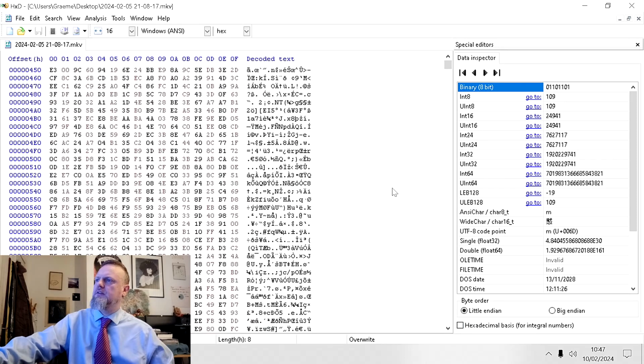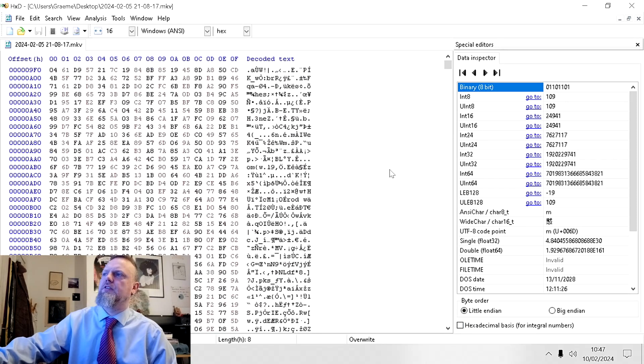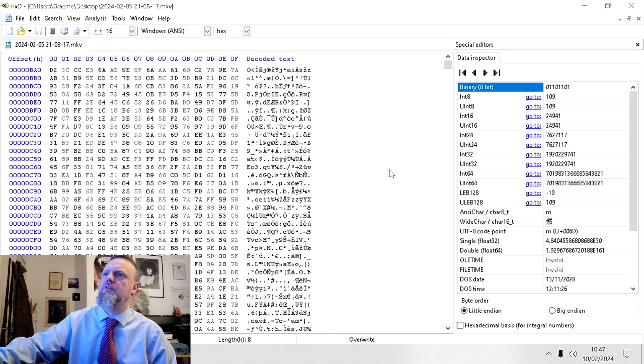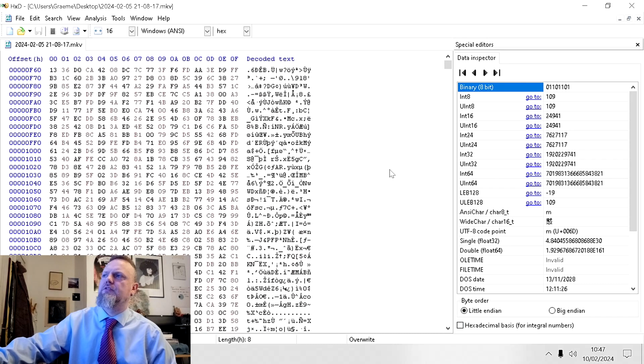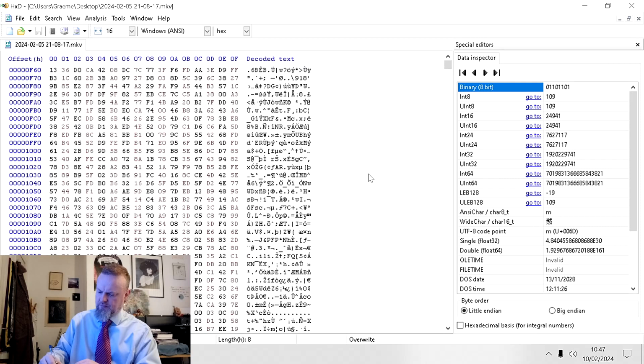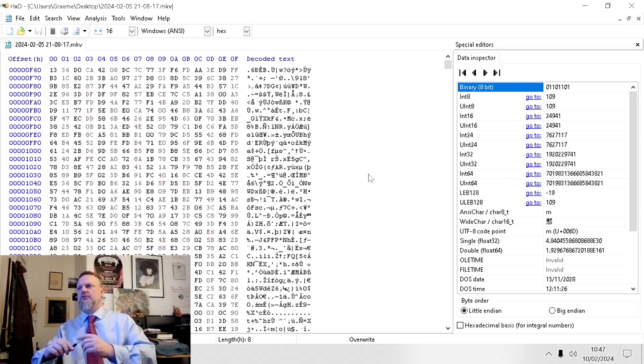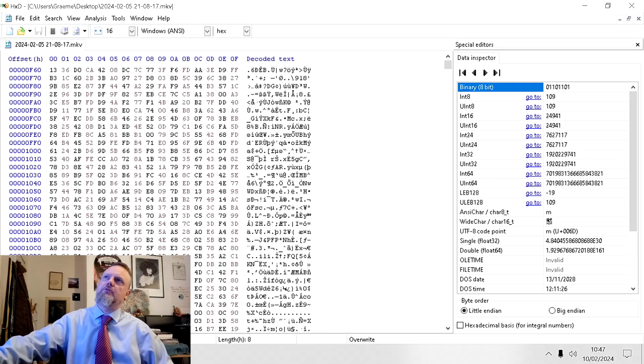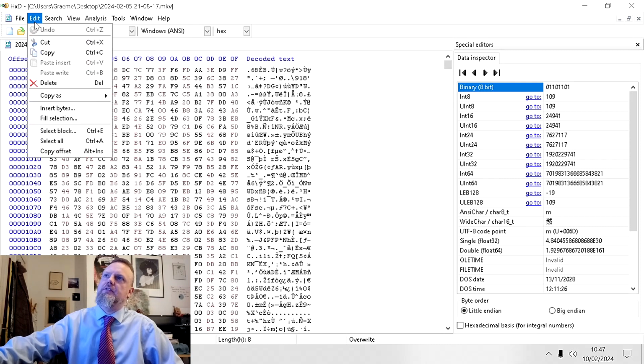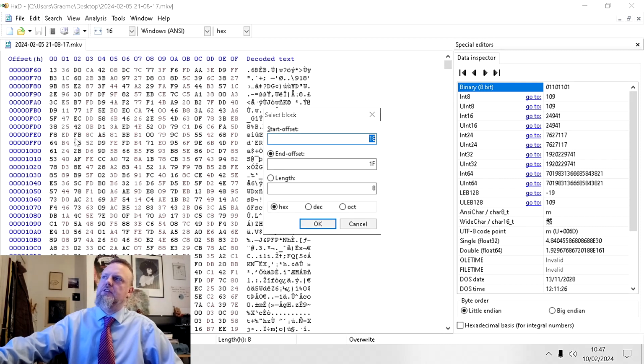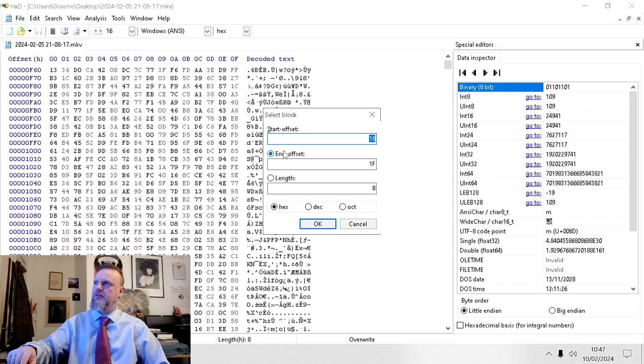At the beginning, just to make sure we're clear of the header file, I'll start at 1000. So, I am now going to select a block starting at 1000, ending at 9D3C800.